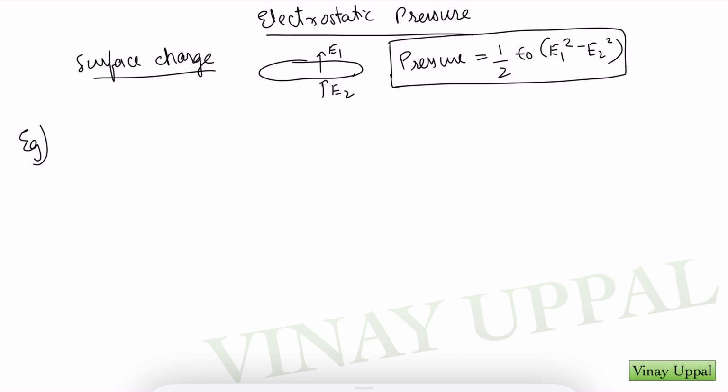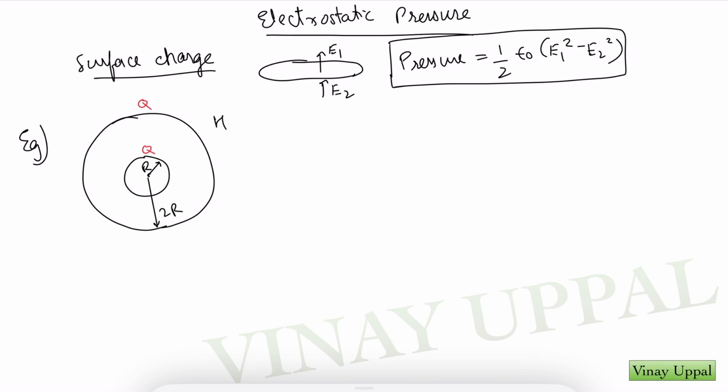So let's see. I have two concentric spheres. Let's say both of them are charged with charge q. Let's say this radius is r and this is 2r. These are hollow spheres and they are uniformly charged.